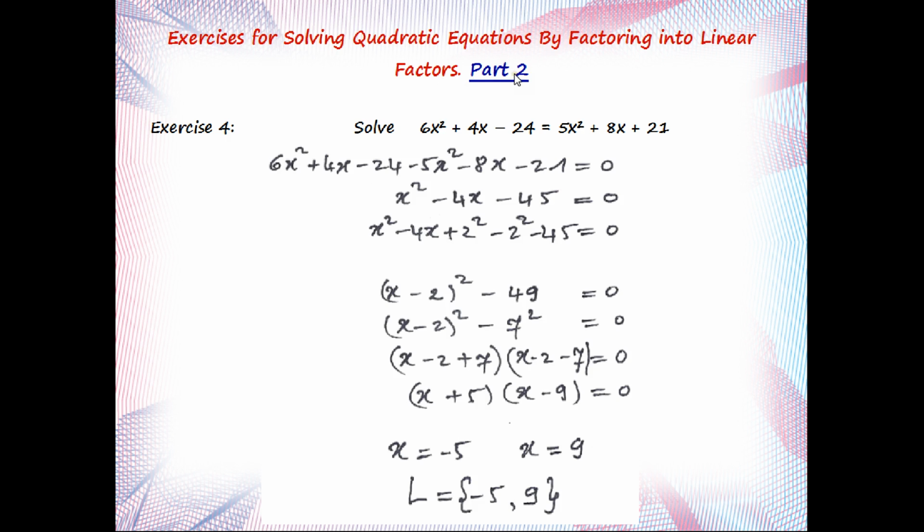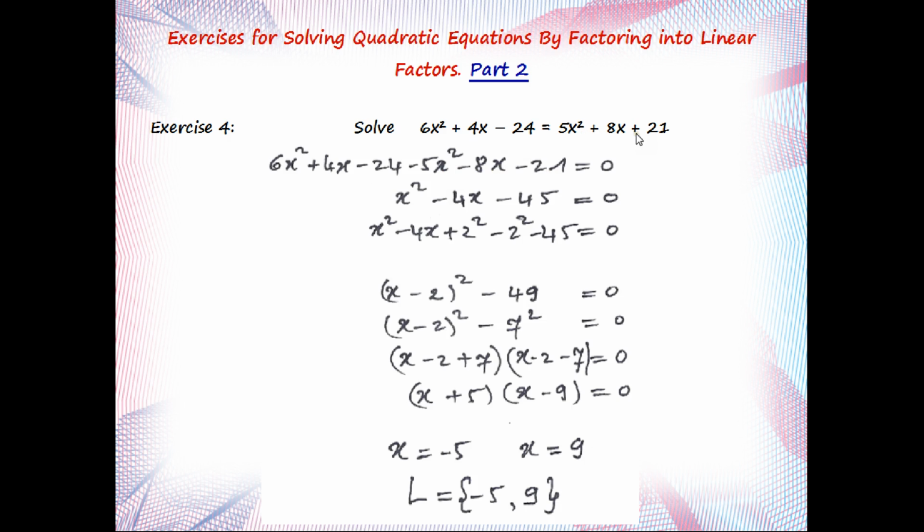Part 2. Exercise 4. Solve 6x squared plus 4x minus 24 equals 5x squared plus 8x plus 21. Add minus 5x squared minus 8x minus 21 to both sides.